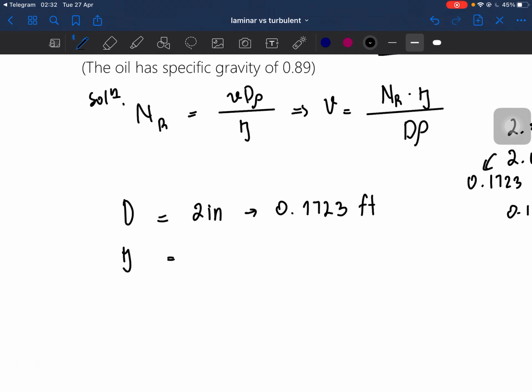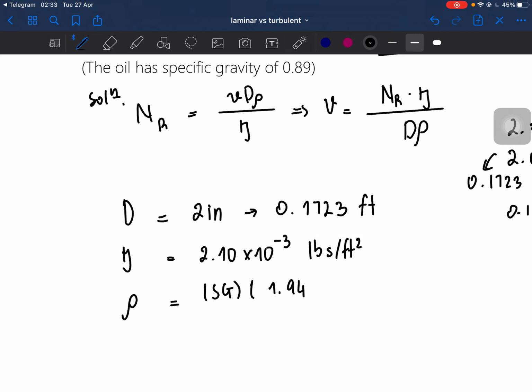We also need to look at the table for this one. So it's 2.10 times 10 to the minus 3 pound seconds per feet squared, and then we have this density, which is the specific gravity times 1.94. This is another unit for the US units.